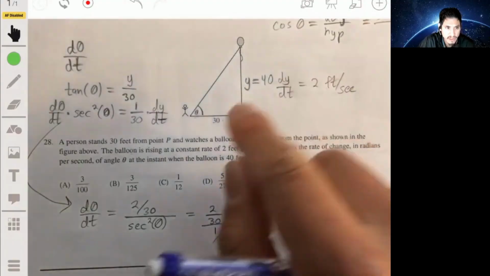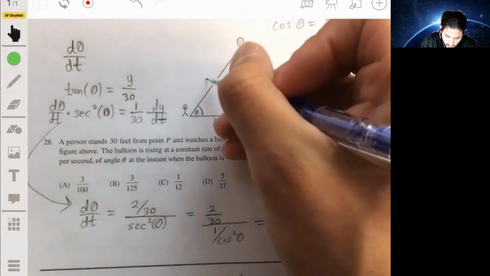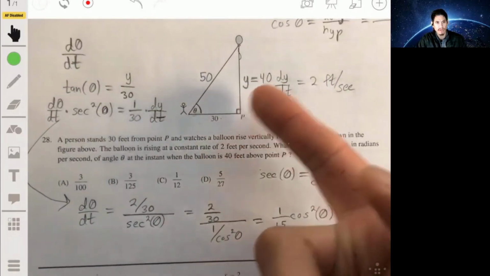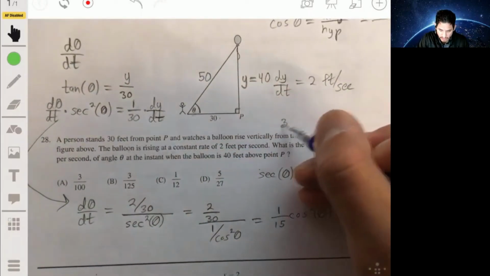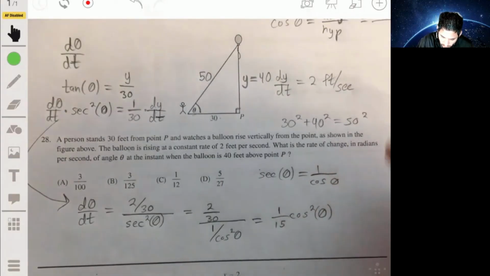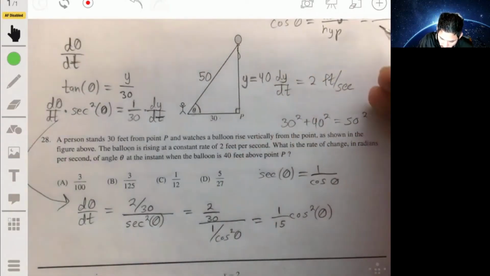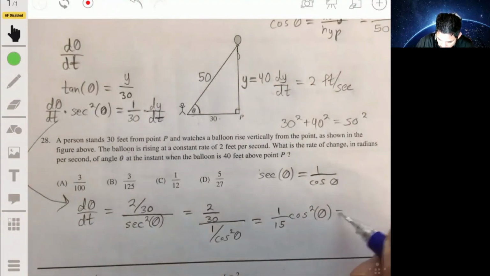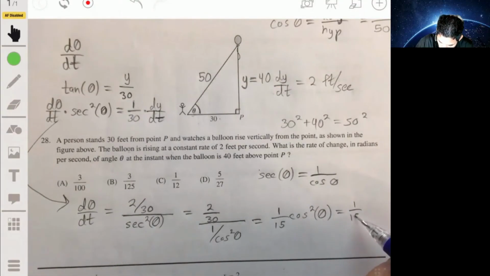So what you have here is really a 3, 4, 5 triangle, or 30, 40, 50. And you can solve for it if you want. You can do 30 squared plus 40 squared, and you'll find that it equals 50 squared. So the cosine of theta will be 30 over 50. So what you have here then is just 1/15 times 30 over 50 squared.